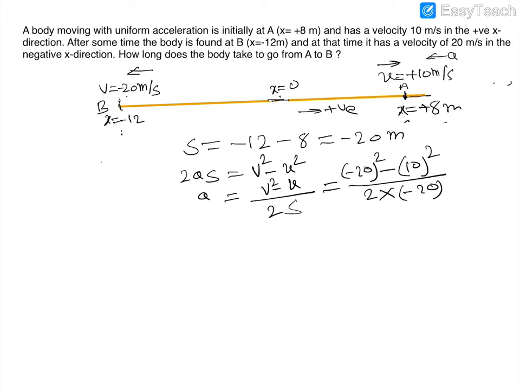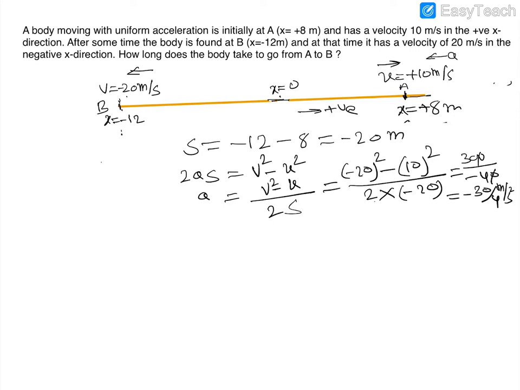So it's 400 minus 100, which is 300, upon minus 40, right? And you can then say that this is minus 30 by 4 meters per second square, and you expected the acceleration to be minus.